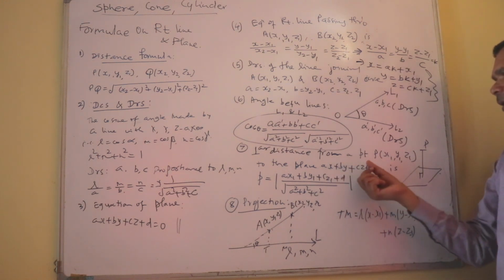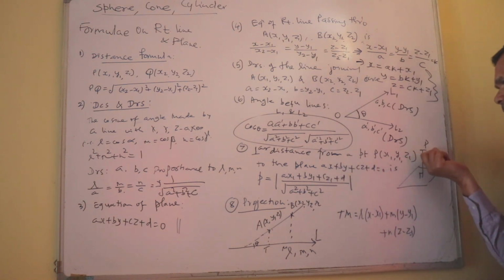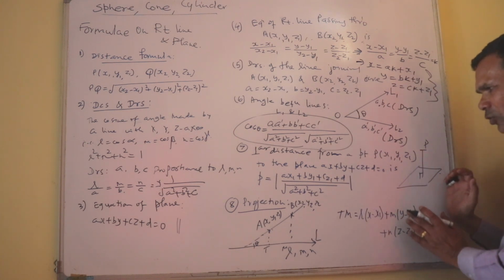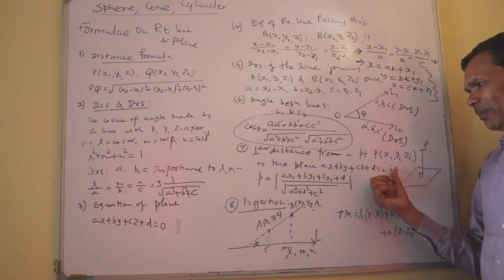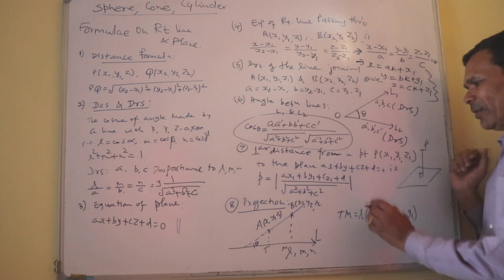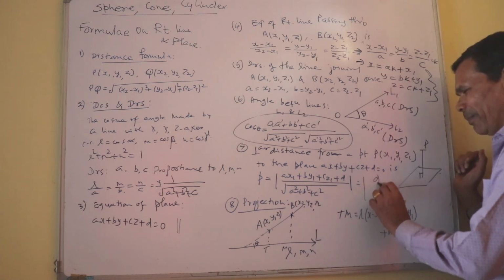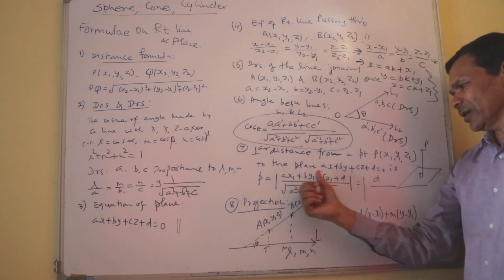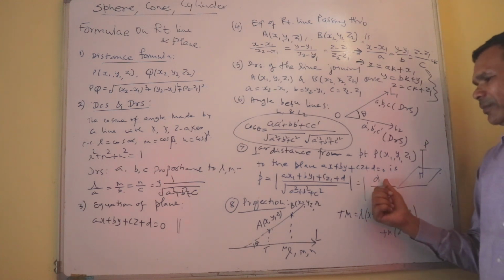This is the perpendicular distance from the point P to the plane, where this is the equation of the plane. It is normally d upon this if it is the perpendicular distance from the origin.